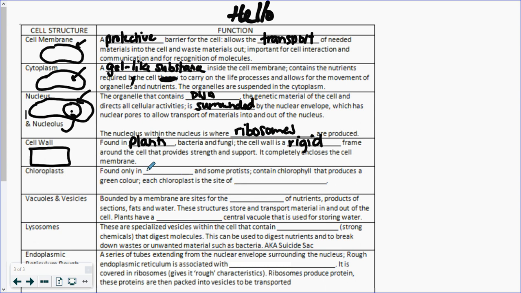Chloroplasts are also only found in plants and some protists. They contain a pigment called chlorophyll that produces the green color, and each chloroplast is the site of photosynthesis. So Bio 20 bound people, you're going to learn a lot of information about photosynthesis and what's actually happening at the level of the chloroplast.